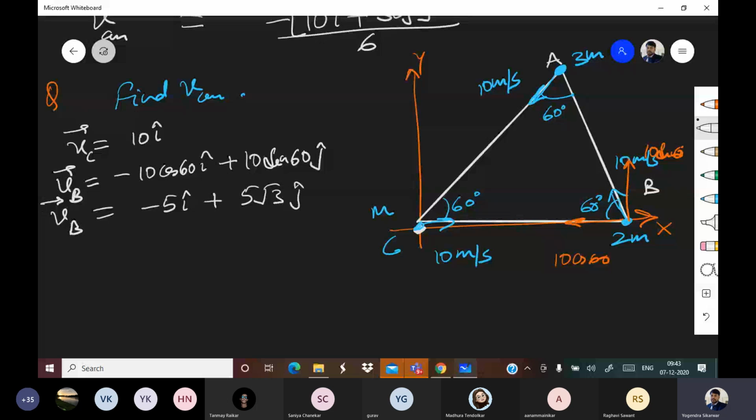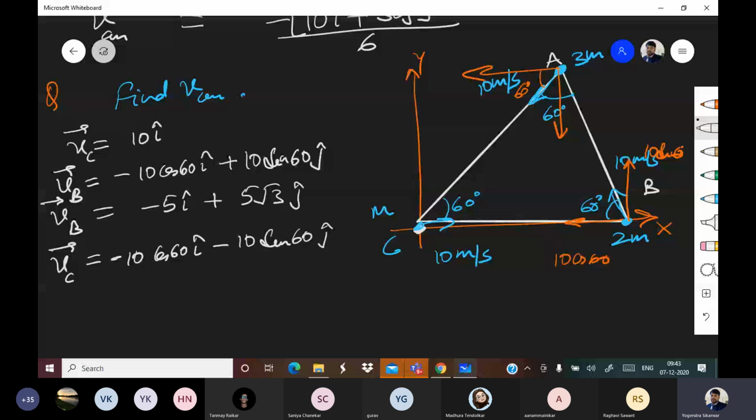Okay. Now similarly, this component and this component. Here what you need to pay attention to is if this is 60, then this will also be 60. So VC will be 10 cos 60 minus I cap minus 10 sine 60 j cap.